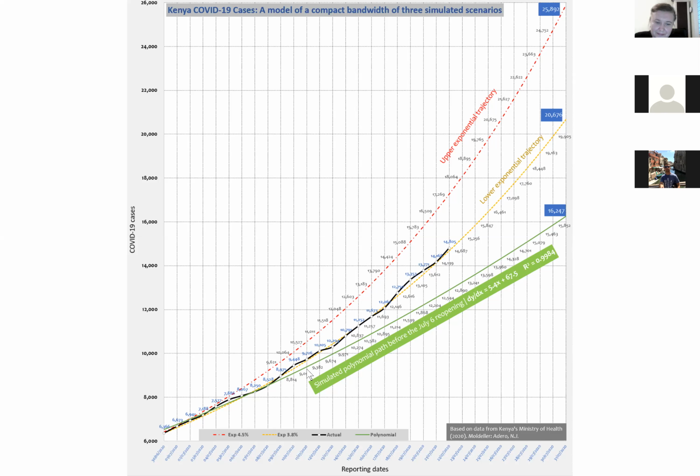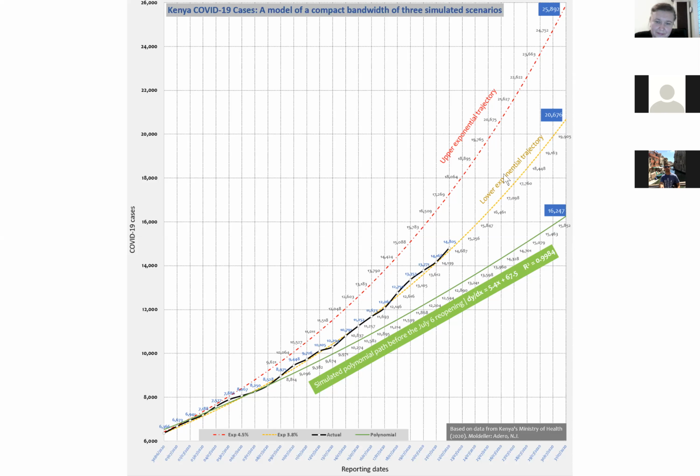It went above the former simulated path. This was the path we were following before when I simulated it to a coefficient of determination, which is high, 0.9984. So you can see the trend is going up.